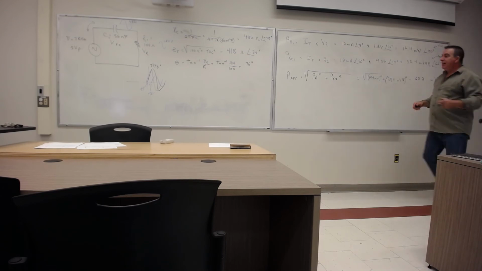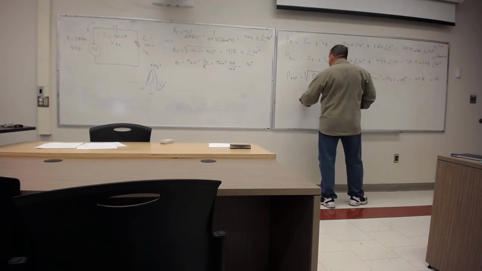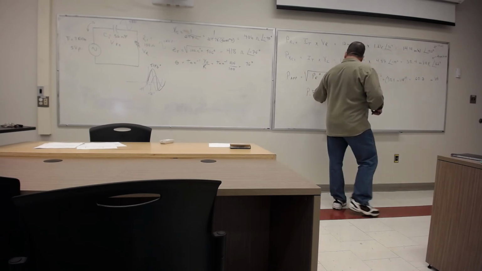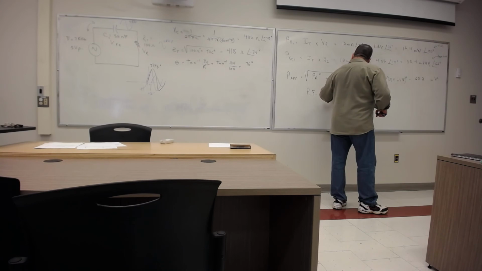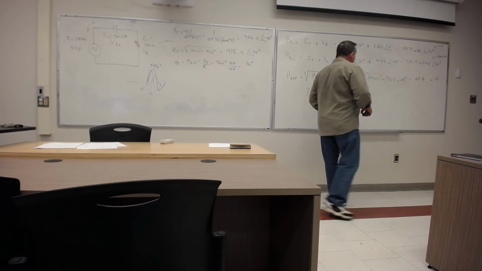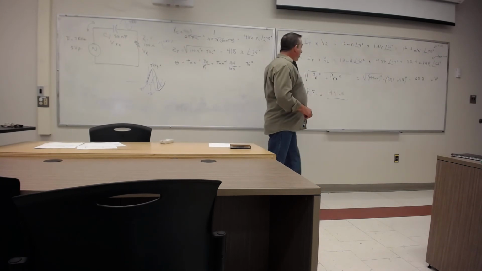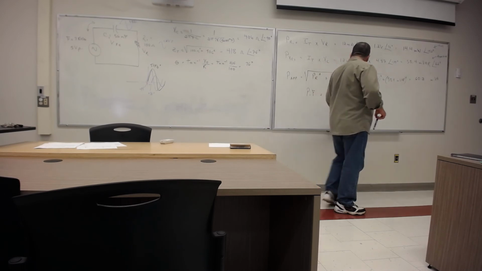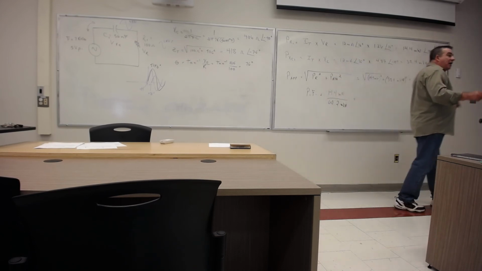Now, the last thing left to do is the power factor. PF is going to be the real power, 14.4 milliwatts, over your apparent power, which is 60.2 milliVAs, and you're going to come up with a ratio.